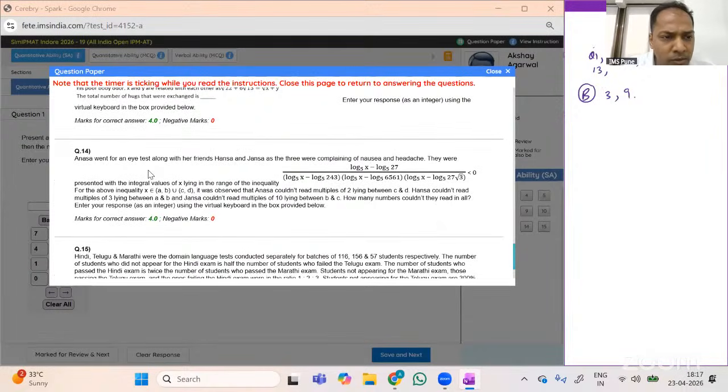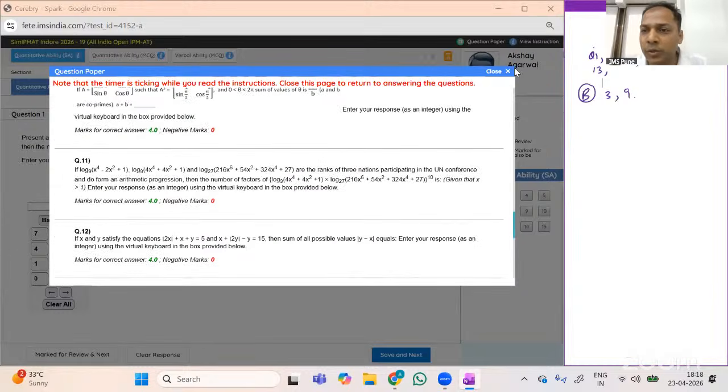So the last 14th one: Anasa went for an eye test along with friends, Hansa and Jansa, as the 3 were complaining of nausea, and they were present by integral values of x lying in the range for the above inequality. Looks too complicated. I'll have to solve log, then inequations and everything. I think I'll pass the 14th and the 15th one for now and get to the solving of the questions that I've identified first. All right.